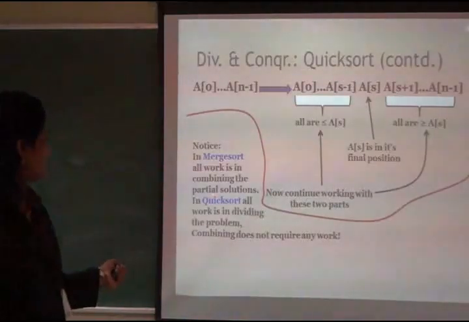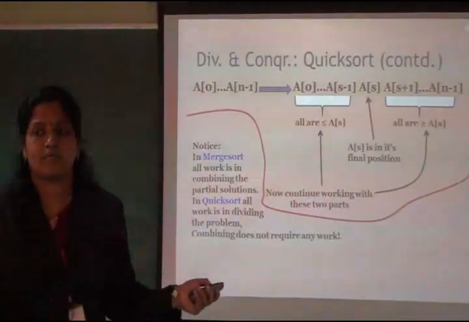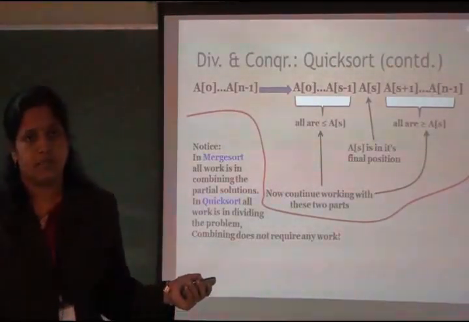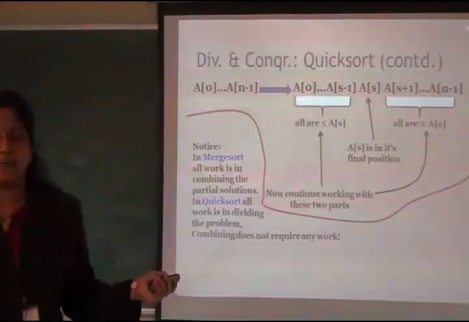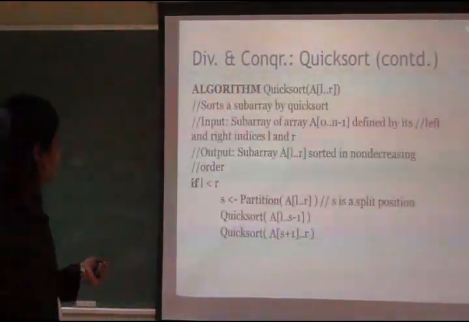In merge sort, all the work is in combining the partial solutions. In quicksort, it doesn't worry about combining the solutions; it happens inherently, but in merge sort we do the combining explicitly.